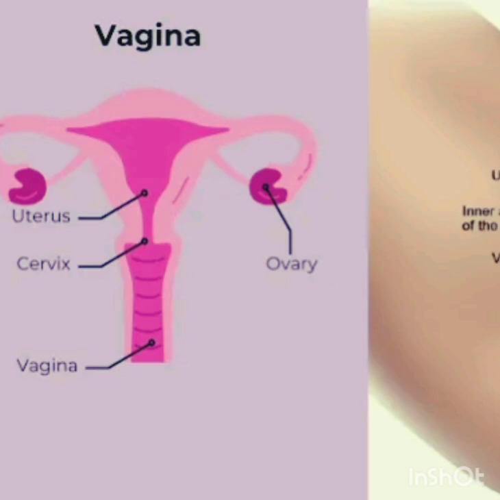Then we have 2 ovaries with 2 fallopian tubes, and we have the fundus, the endometrium, myometrium, and perimetrium. Those are 3 layers which surround the uterus.